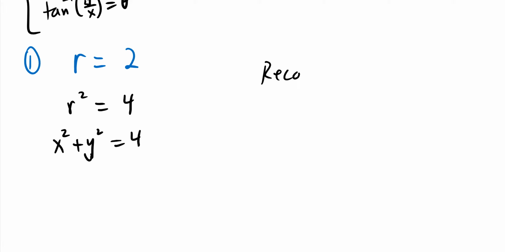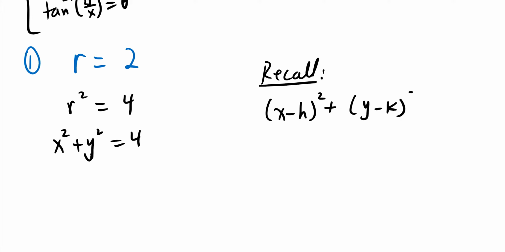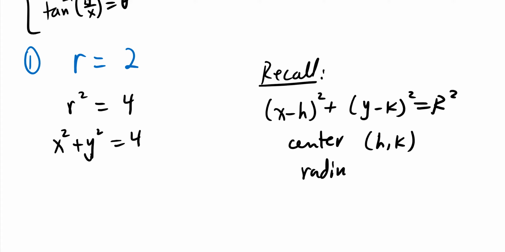Recall, on the side, the equation of the circle is given by (x minus h) squared plus (y minus k) squared equals r squared. Here we have the center (h, k) and radius r. So from this one, I can see that the center is (0, 0) and radius 2.